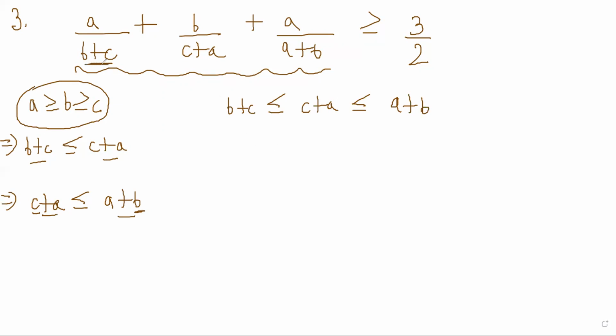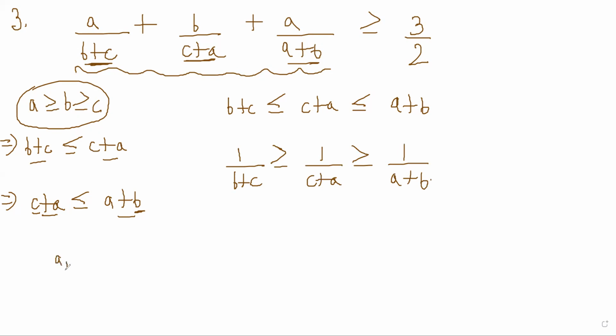Notice now I've created the denominators here, right? So I need to take a reciprocal of these because I want to multiply two sequences. So I can write it as 1 by B plus C is greater than or equal to 1 by C plus A, and the inequality gets reversed, 1 by A plus B. Now I have my two sequences with the same ordering.